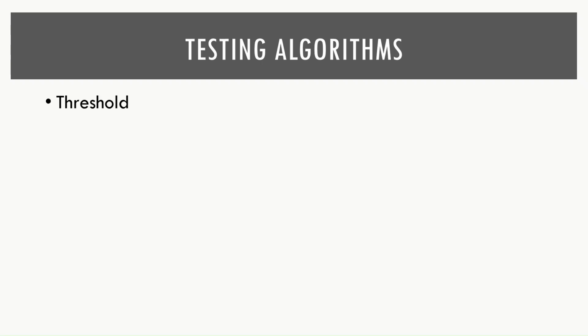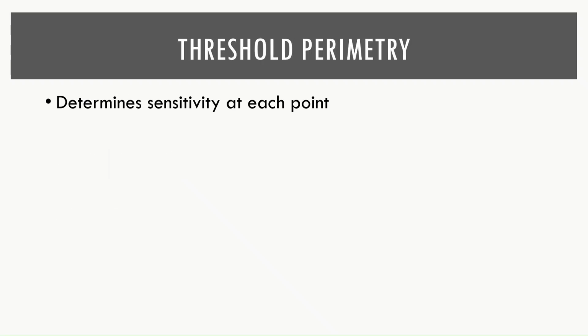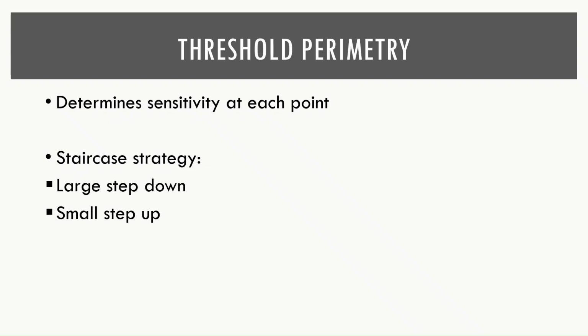Different testing strategies or algorithms are used depending on whether precise threshold estimation or rapid screening is required. Threshold testing builds the hill of vision point by point. This is slow but precise.